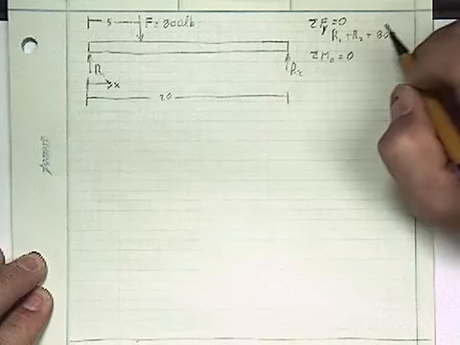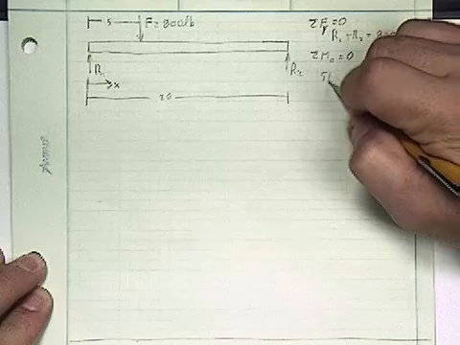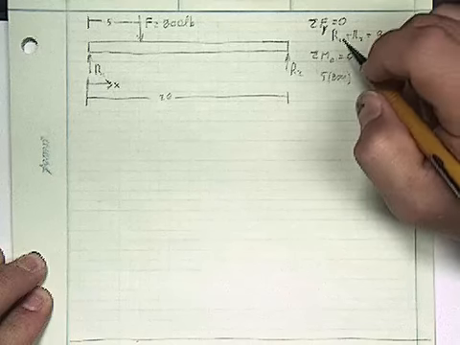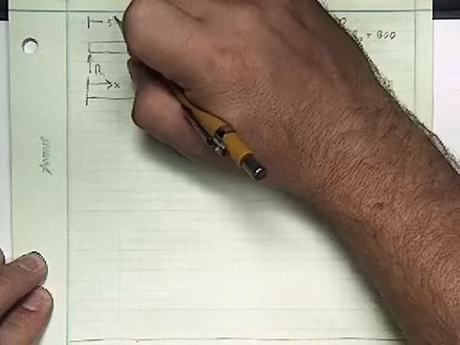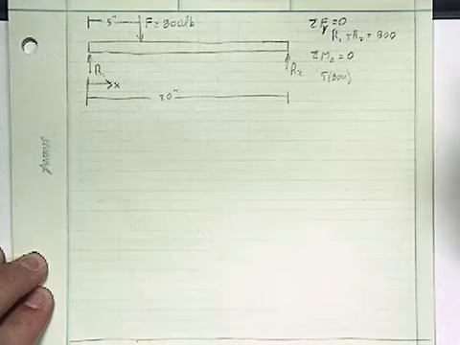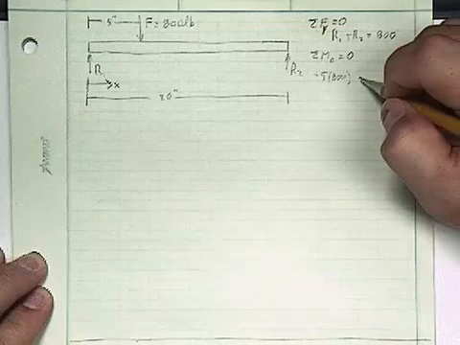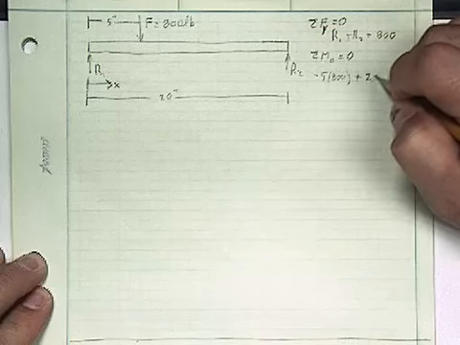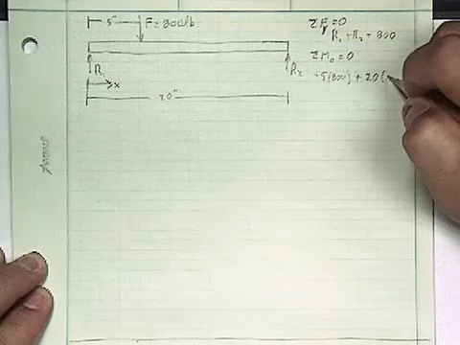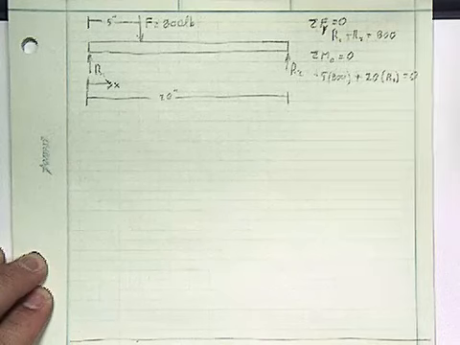So let's see what that looks like. We've got 5 times 800. This is going to be inch-pounds. Maybe I should give units here for my lengths. This is going in the clockwise direction, so I'll call it negative, plus 20 times R2 is equal to 0.